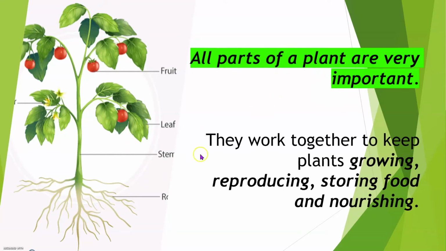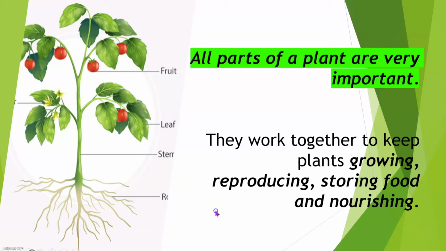Why is it very important? Because the parts of the plants work together to keep plants growing, reproducing, storing food, and nourishing. Each part of the plant is very important. The leaf cannot be missing, the stem cannot be missing, the fruit cannot be missing, and the flowers, because they all help each other to continue to live.